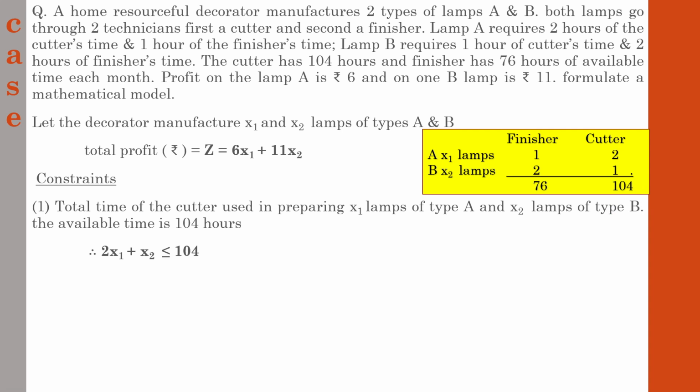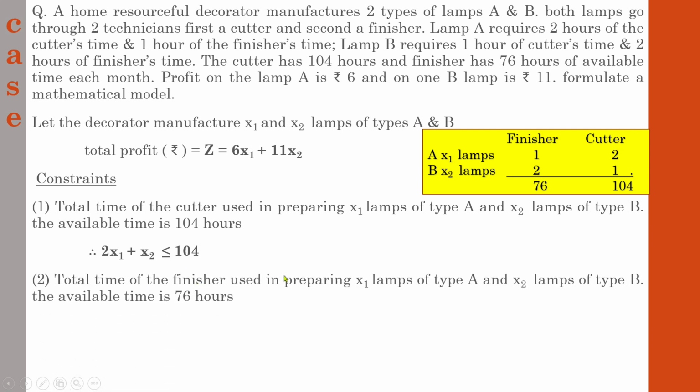It is not mentioned in the question, but it is implied that he has to complete his work within 104 hours. So it will be less than or equal to. That is how we have put in the sign. So the first constraint is over. Similarly, you have to do the same for the next technician, that is the finisher.